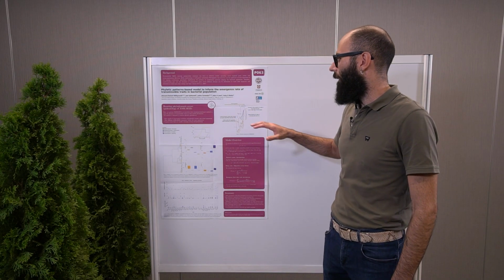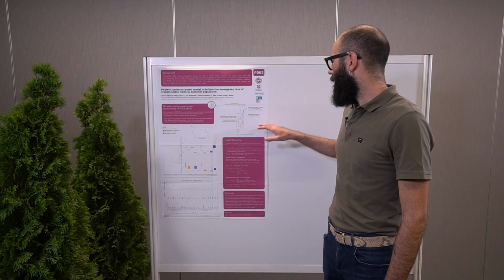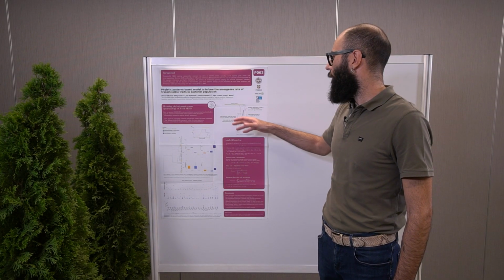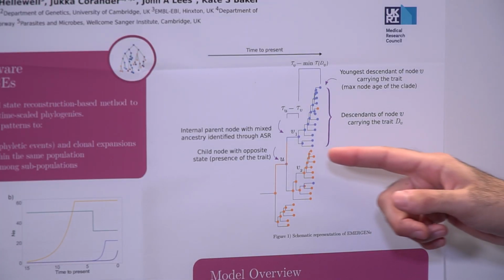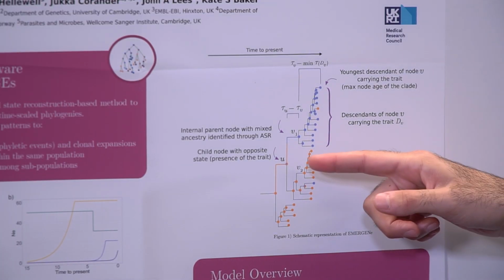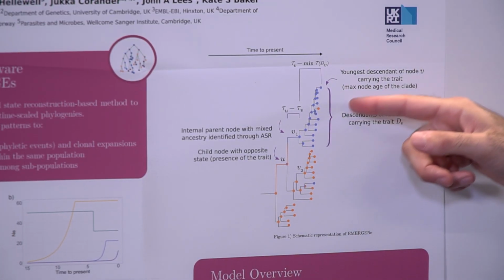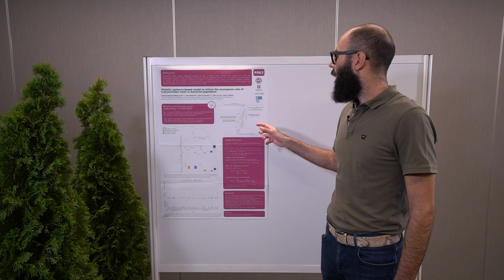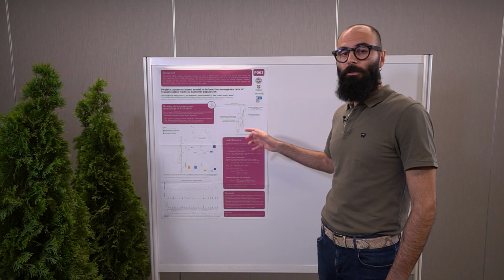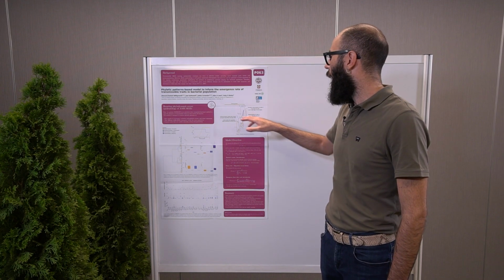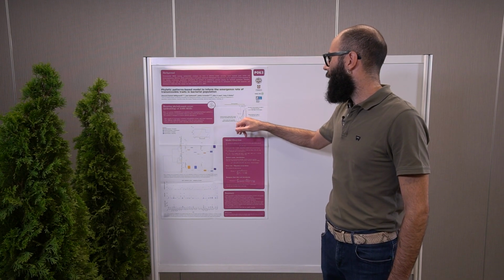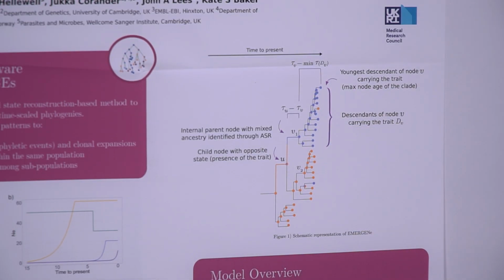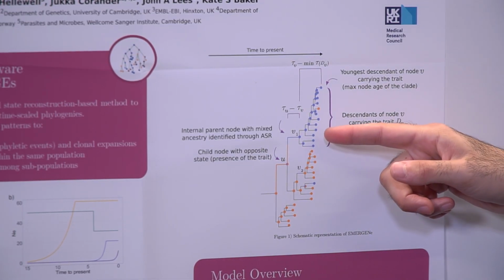Specifically, EMERGENE provides three main indexes. The first is the number of phyletic events, which is the number of introductions of a gene across the tree. Then the entry rate, basically the migration across demes, which can be intended as a migration event, and the migration duration is calculated in order to understand how much time it took the gene to be inherited from a parent node that was not carrying the trait to its child.